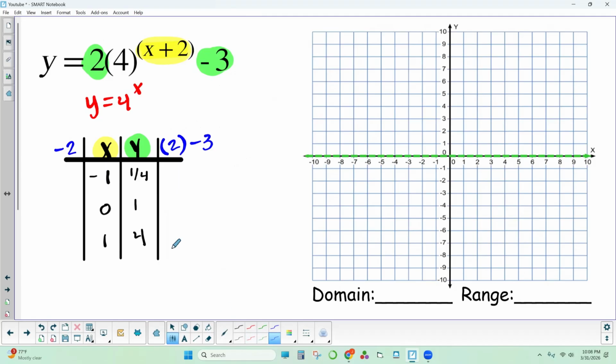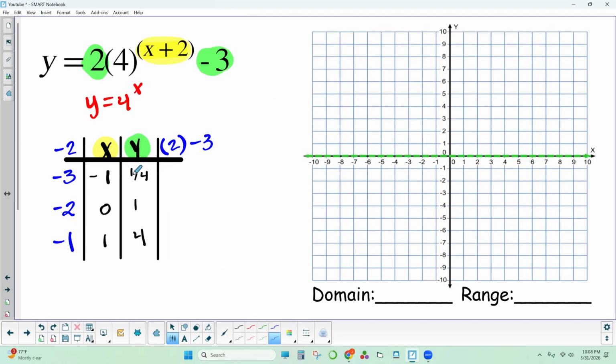Okay, so what we're going to do is we're just going to apply these rules. So I'm going to take my x's and I'm going to subtract 2. So -1 minus 2 is -3. 0 minus 2 is -2. 1 minus 2 is -1. Okay, come over to my y values.